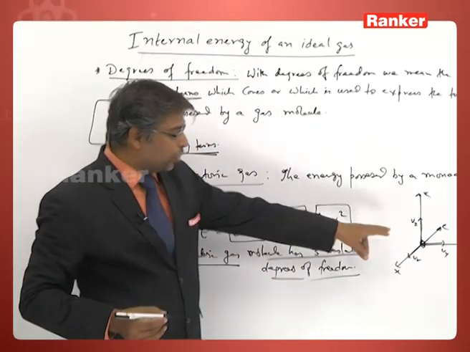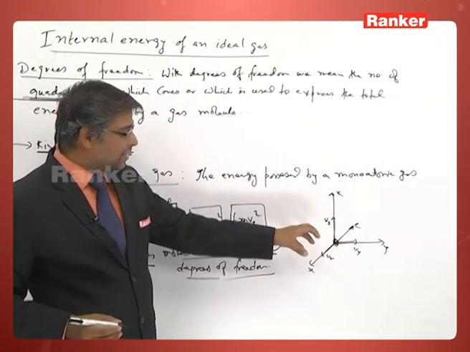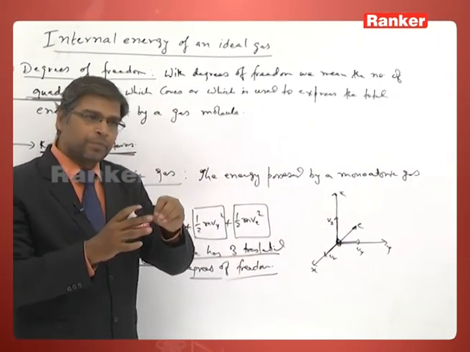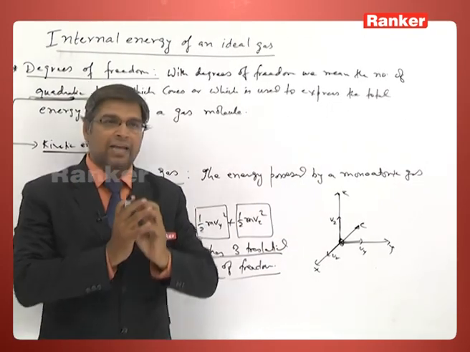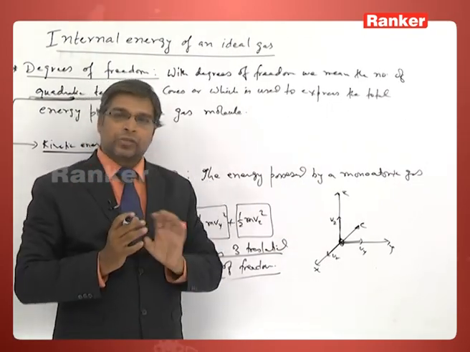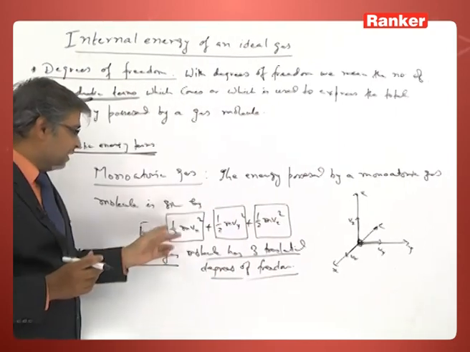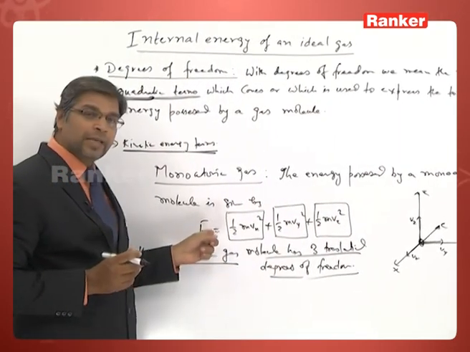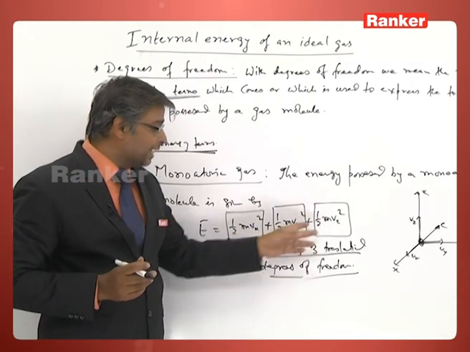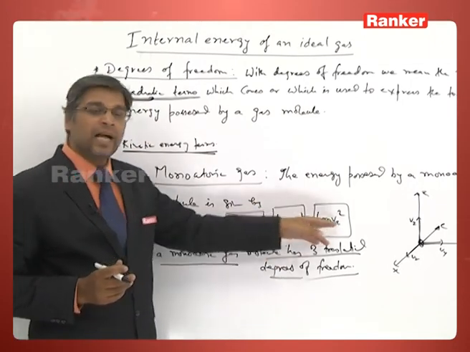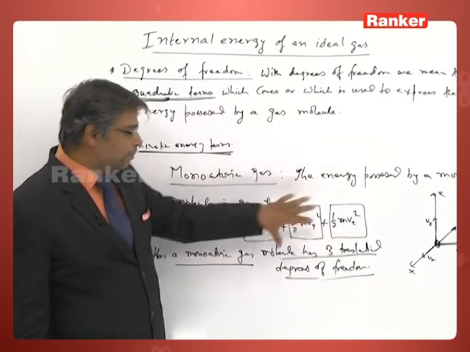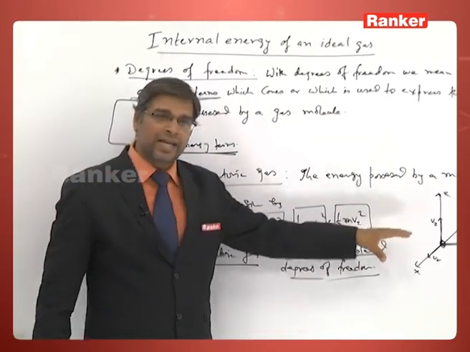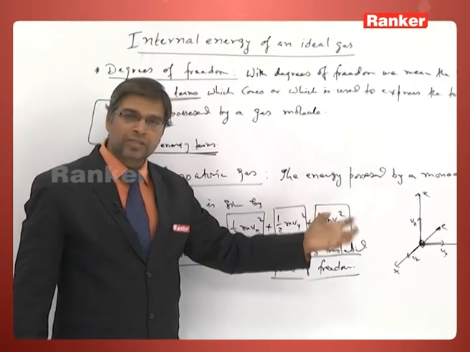That means a monoatomic gas has freedom to acquire Vx separately, Vy separately and Vz separately. And so, the total energy of such a molecule can be handled by handling the individual terms. This is what we mean by degree of freedom. Three pockets, three areas where we can give energy into the system.